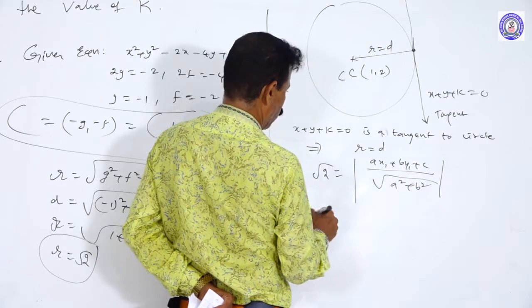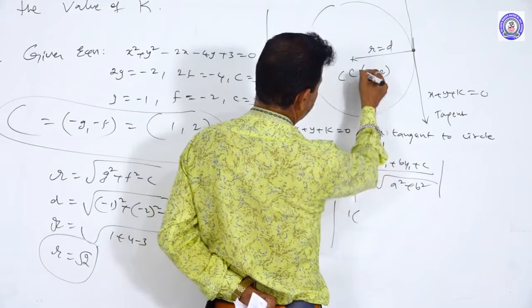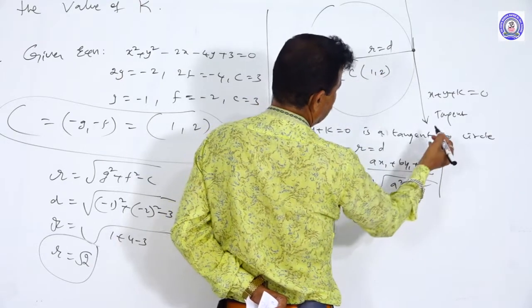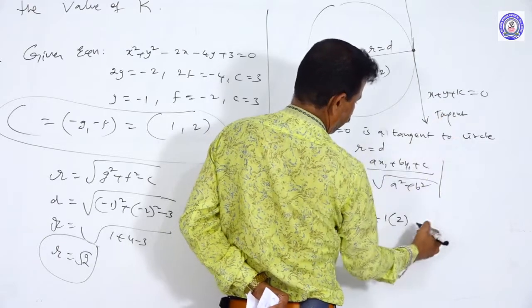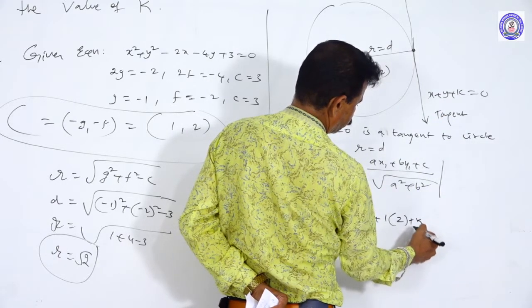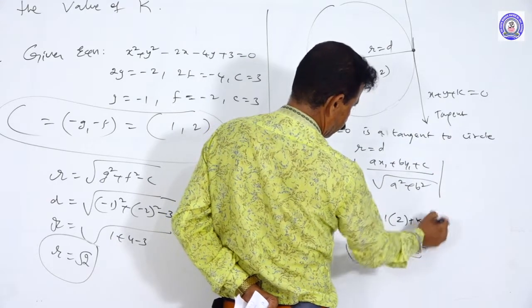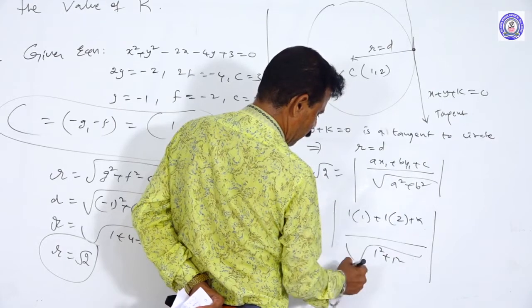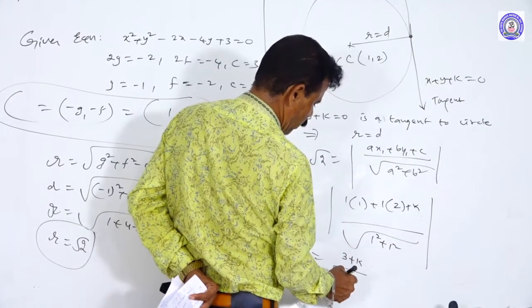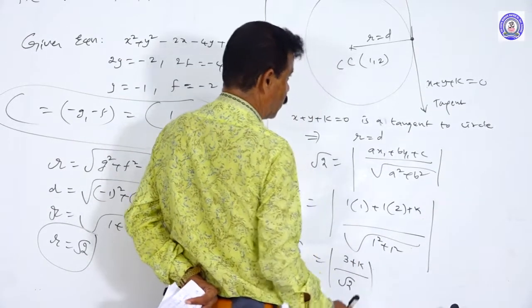So root 2 is equal to a is the 1, x1 is the 1, plus b is 1, y1 is 2, c is k, by under root of 1 square plus 1 square. Root of 2 is equal to modulus of 2 plus 1, 3 plus k, by 1 square plus 1 square, root 2.